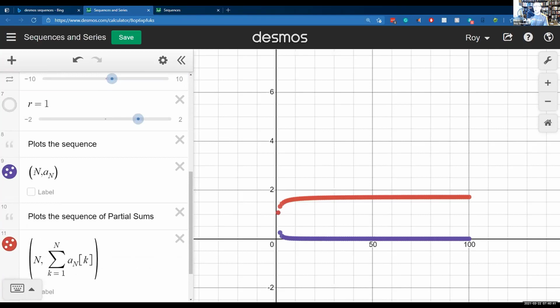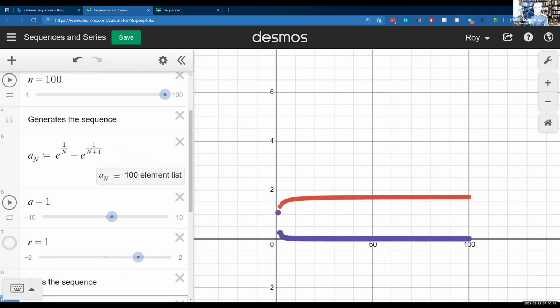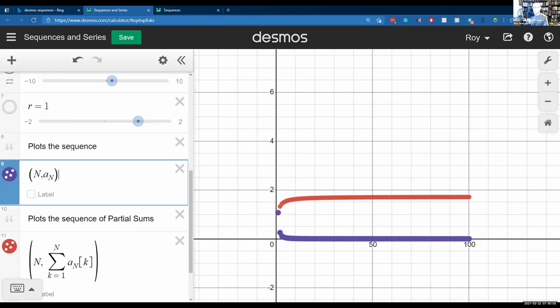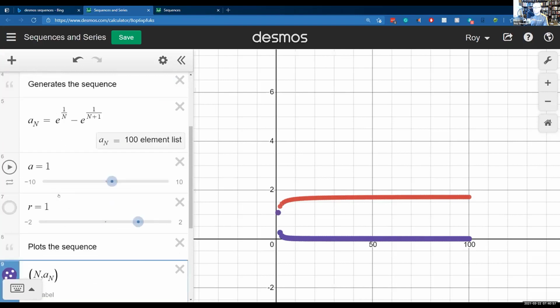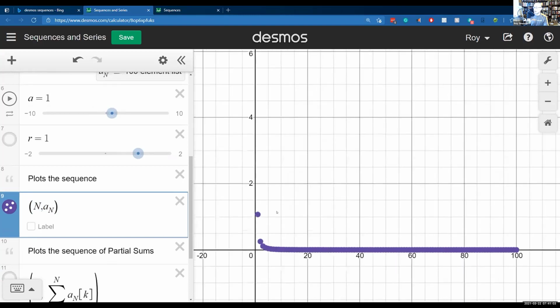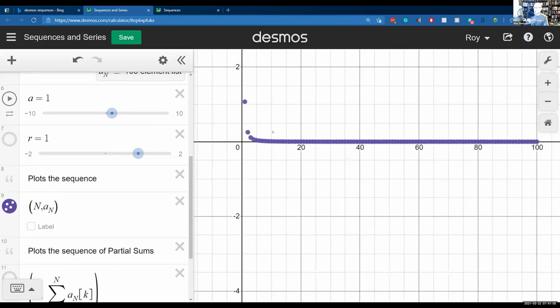So purple points are n, comma, a sub n. Remember, our sequence, not our series, but our sequence that we're going to be adding up is e to the 1 over n minus e to the 1 over n plus 1. And so that's what we define to be a sub n. And so that's exactly what these purple points, I'm going to turn off the reds, that's what these purple points right here are.